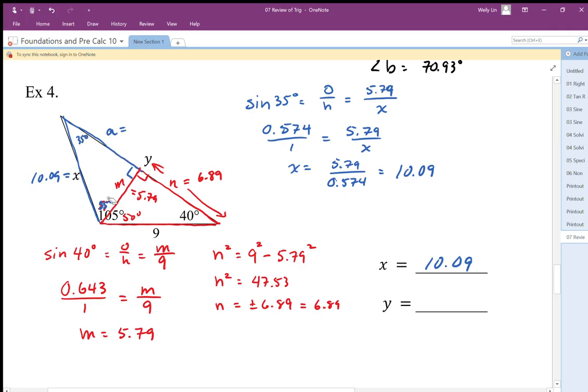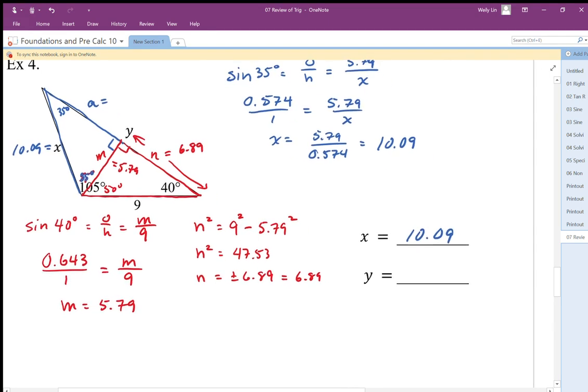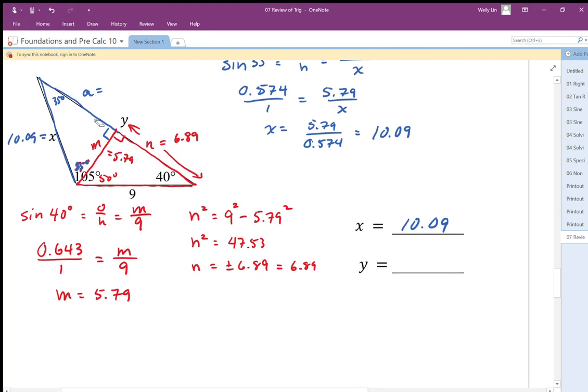I'll use the opposite and adjacent side, which is slope, so tan. So tan of 35 degrees is equal to rise over run, or opposite over adjacent. The opposite side is that m side, which was 5.79. The adjacent side is our unknown side. That's the side we're looking for.